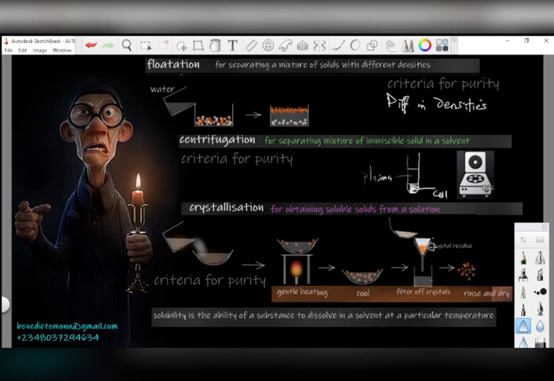So it involves one method that we already looked at, which is the method of filtration. So filtration happens when you do crystallization. Filtration also is needed when you do crystallization. And the criteria for purity is difference in solubility.